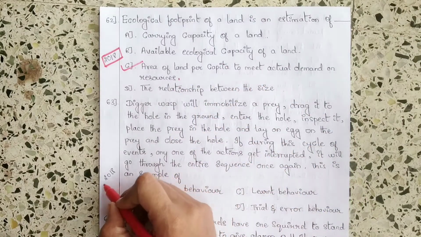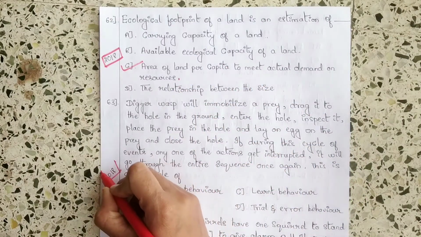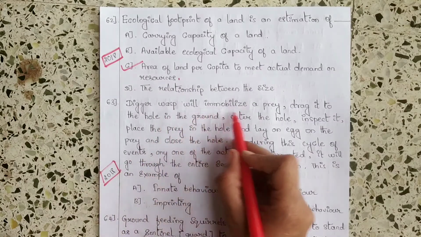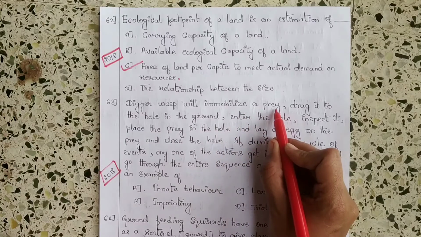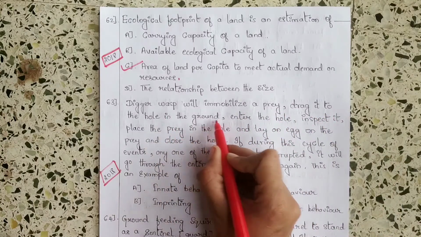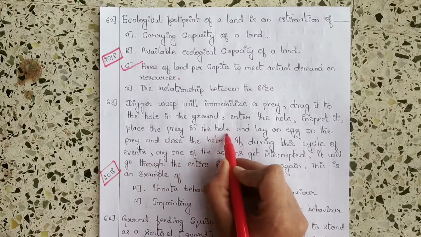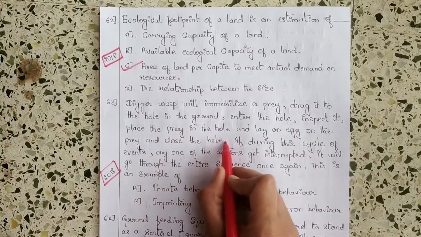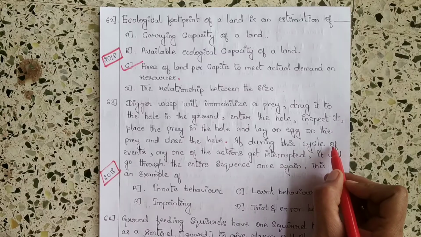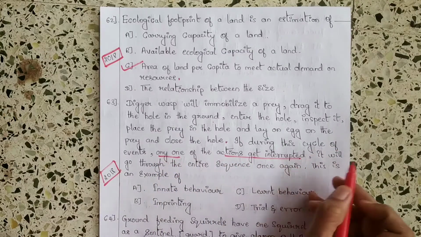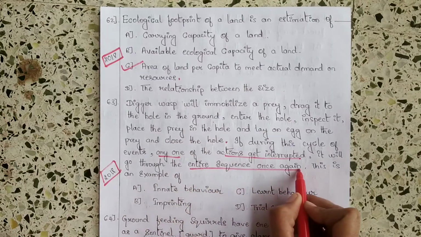Next question, the 63rd, which was asked in the year 2018. Digger wasps will immobilize a prey, drag it to a hole in the ground, enter the hole and inspect it. Then place the prey in the hole, lay an egg on the prey and close the hole. If during this cycle of events any one of the actions gets interrupted, it will go through the entire sequence once again.